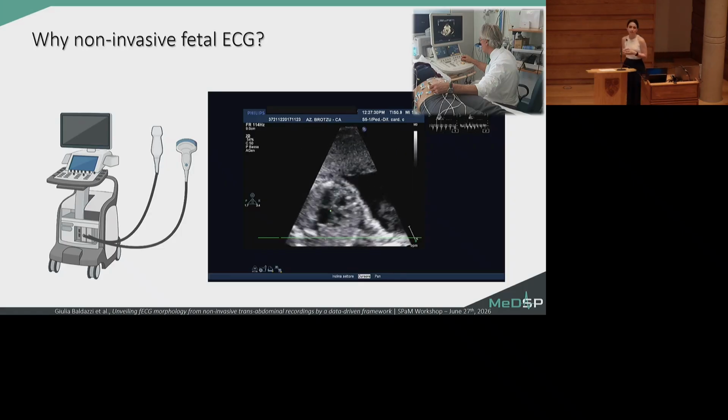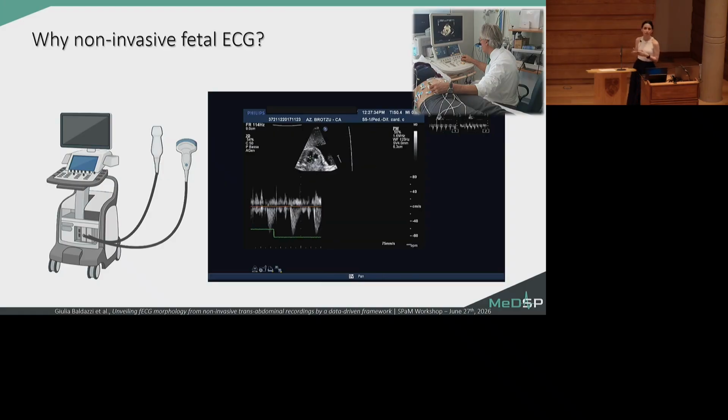And in all these cases, even though we are able to assess the fetal heart from the morphological and the functional perspective, we evaluate only its mechanical activity, thus overlooking the important information that is driven by the fetal ECG morphology.